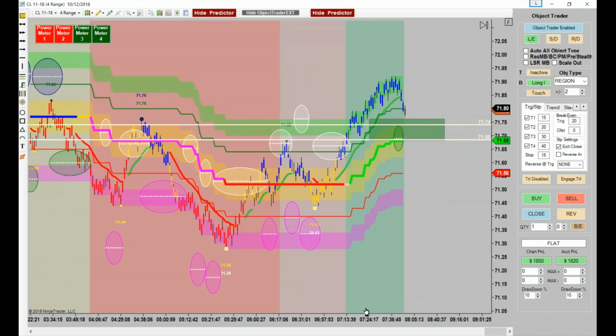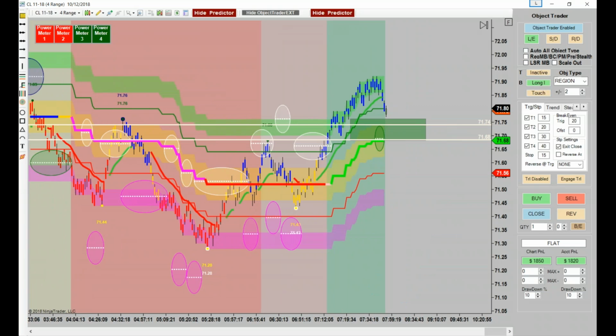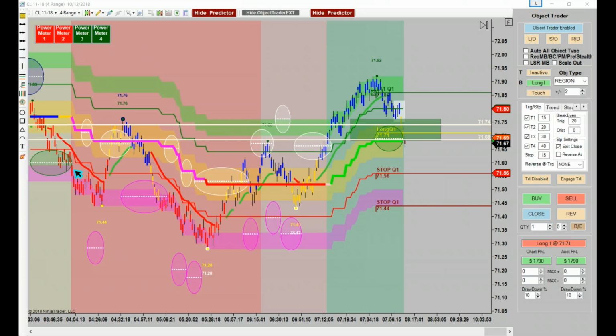Touch +2. Let's see if we can get something. There's our open right there.